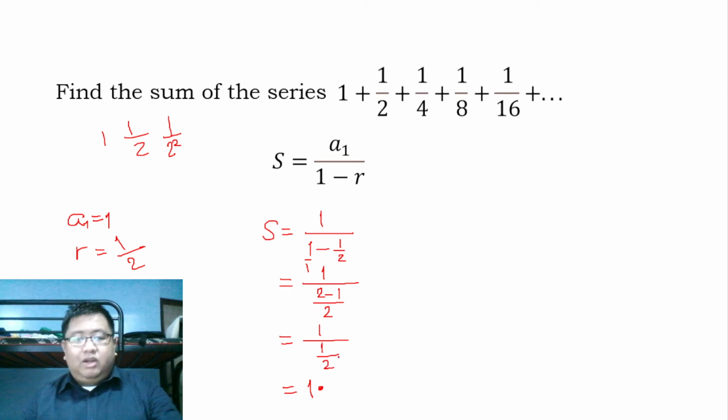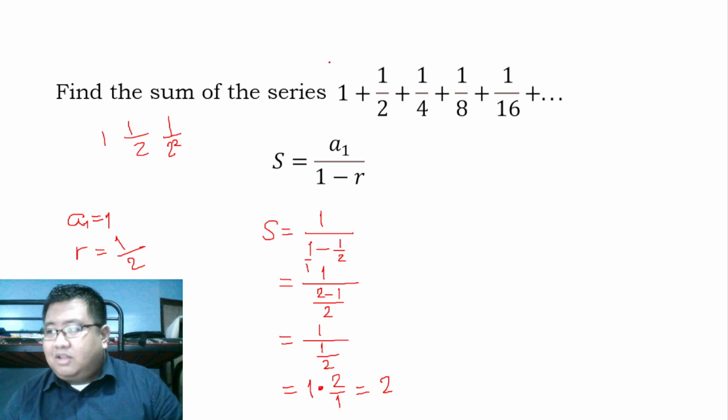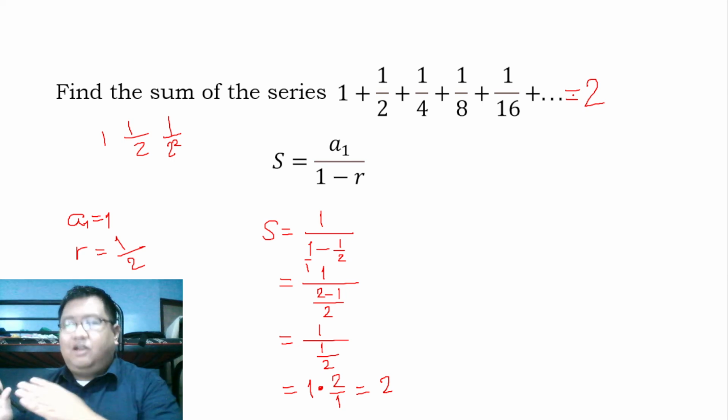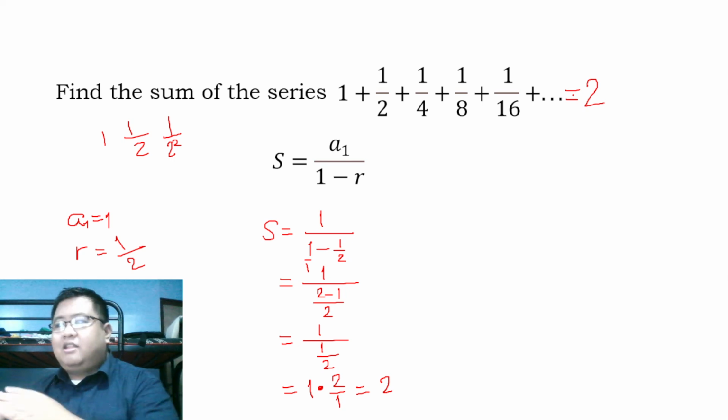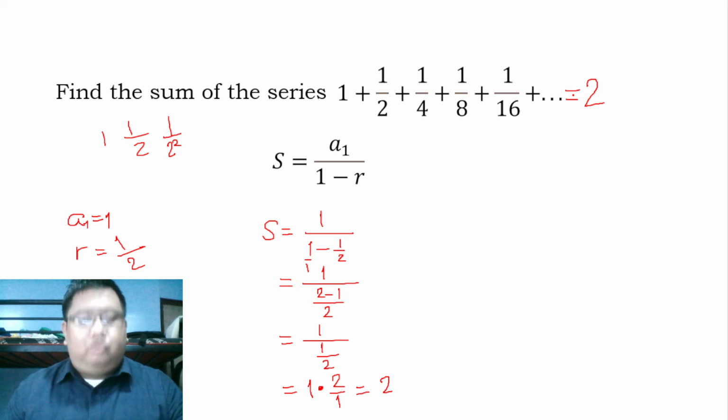The reciprocal of 1 half is 2 over 1. So 1 times 2 is 2, divided by 1 is 2. So the sum of the series, if you continue this series, the total sum of all these fractions of this entire series will be equal to 2.